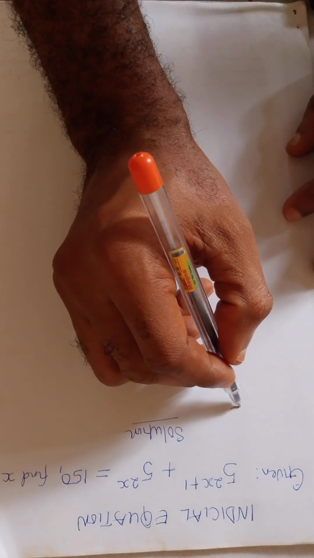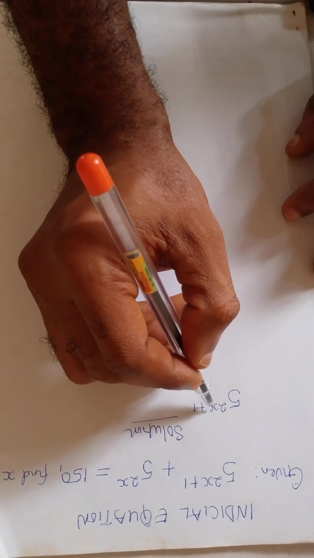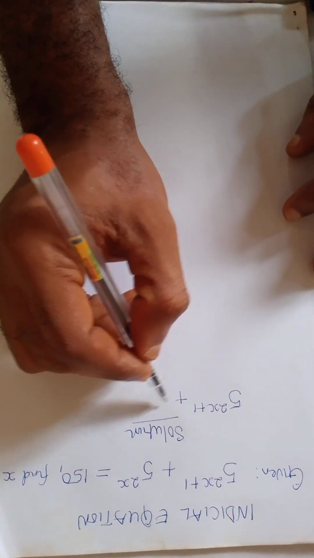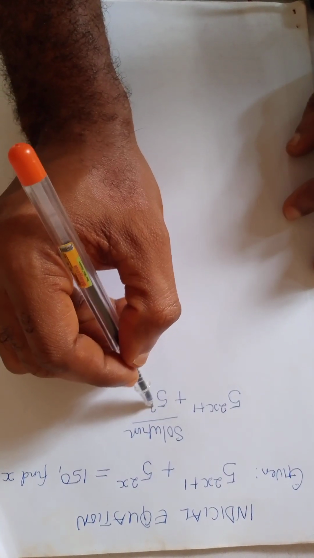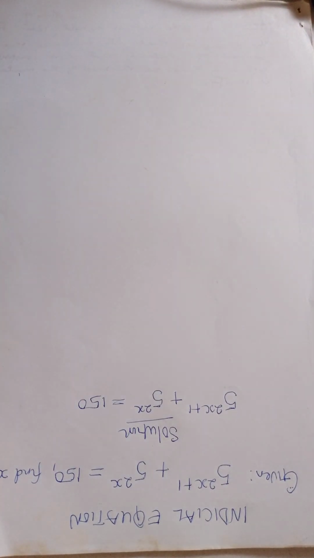So we write out the question: 5 raised to power 2x plus 1 plus 5 raised to power 2x equal to 150. If we look at the left hand side of our equation, we understand that 5 raised to power 2x is common.